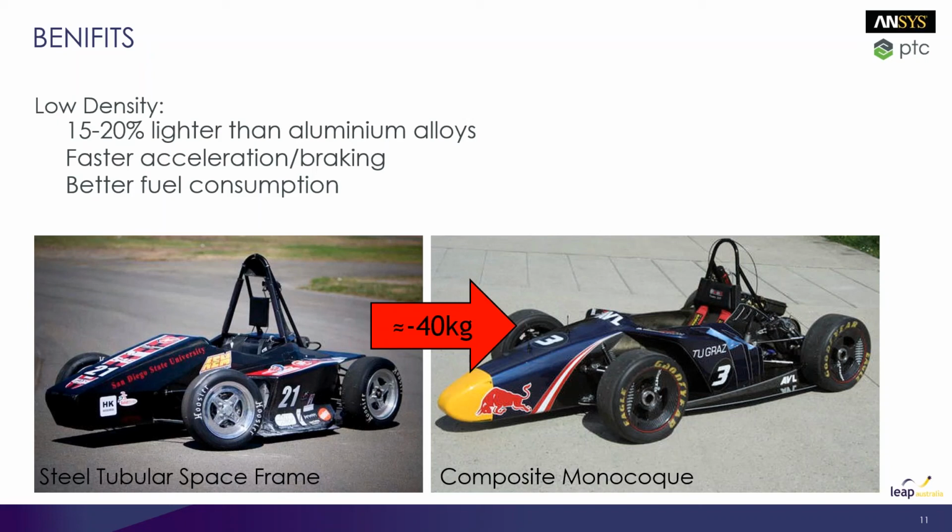So you can see someone going from a tubular steel space frame to a composite monocoque. That was a 40 kilogram reduction in a single year. Pretty impressive numbers. And this really benefits things like acceleration, braking, cornering, as well as fuel consumption. So all good performance indicators that we're looking for in a high performance vehicle.